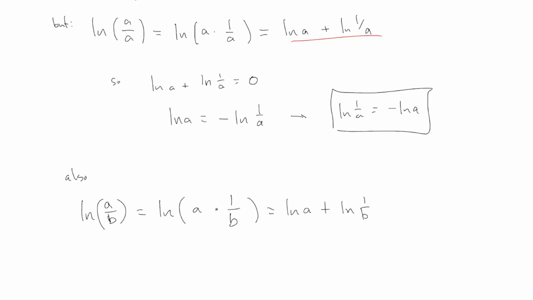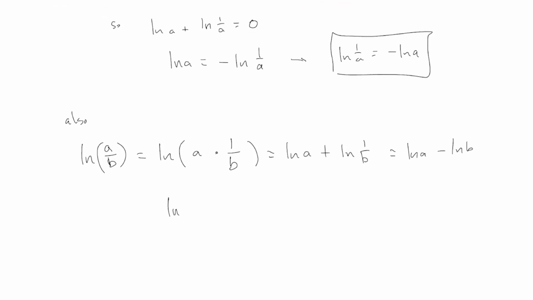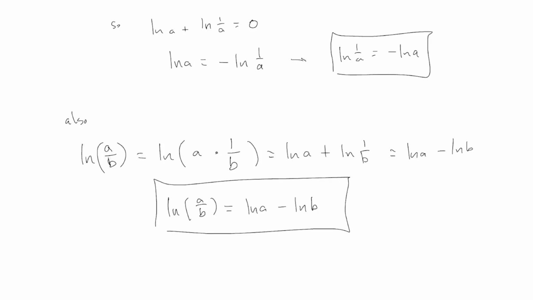And then that second thing, I use the thing that I just wrote above in the box. This is the same as ln a minus ln b, all right? And so overall it says ln of a over b equals ln a minus ln b. Great. These are all basic properties of the natural logarithm function.